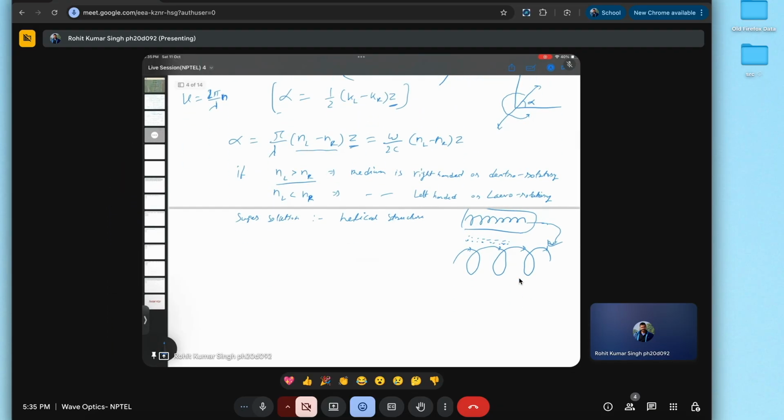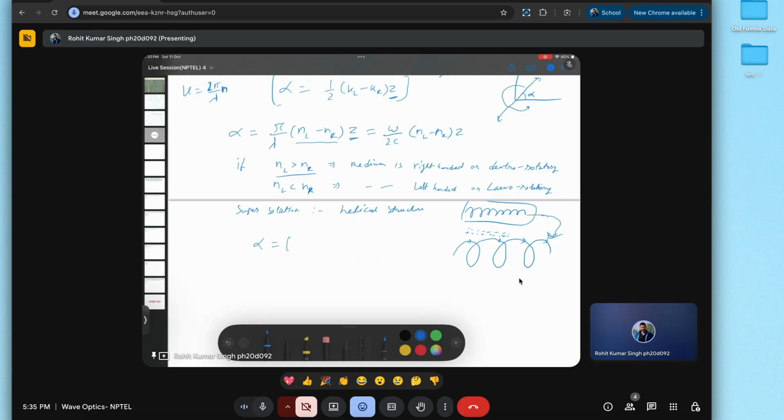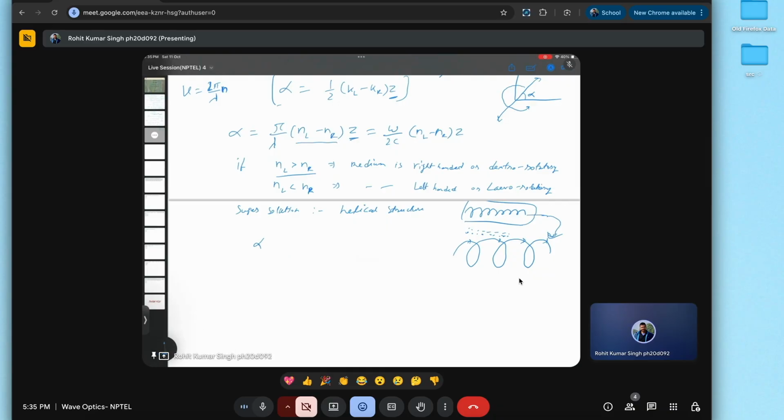So yeah, and okay, there is an empirical formula for this angle. Like we mentioned, it depends on the difference of the refractive index and the distance.